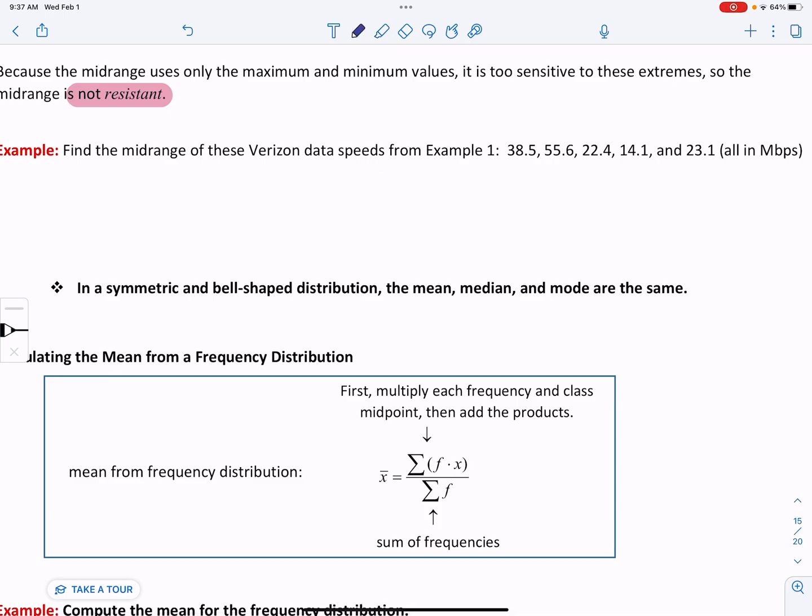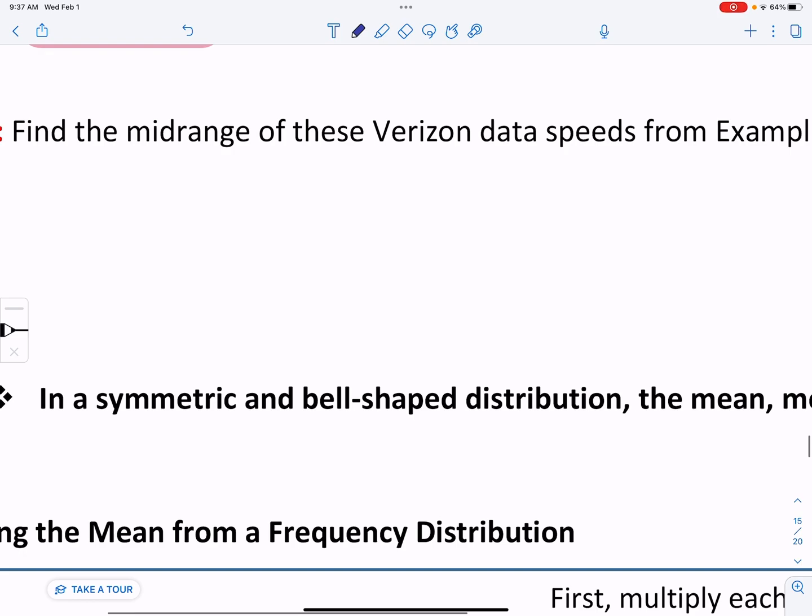We're going to calculate the mid-range of Verizon data speeds just so you have an example. So that means we need to find the minimum and the max.